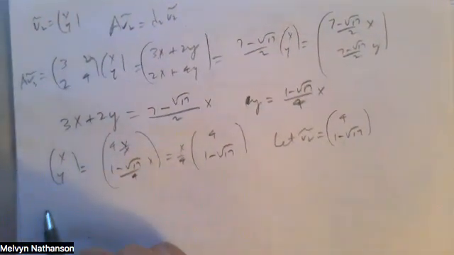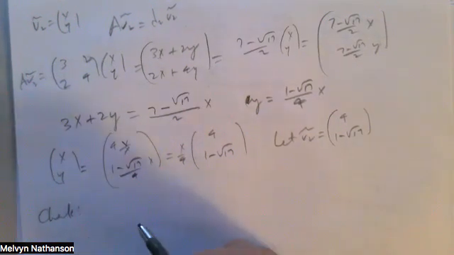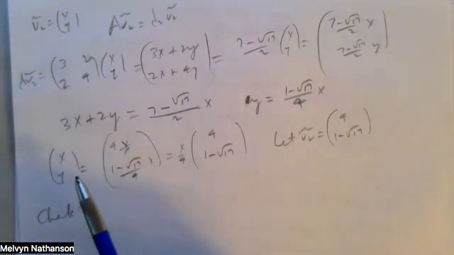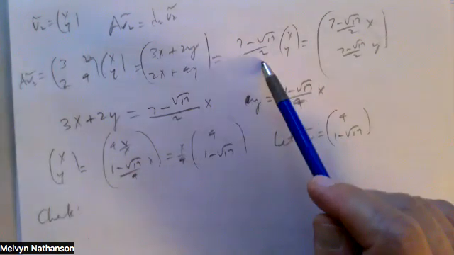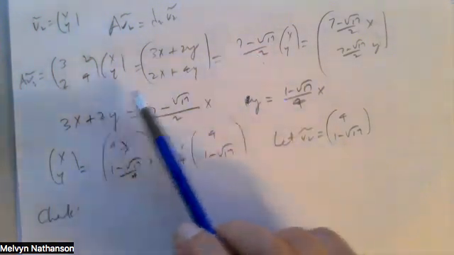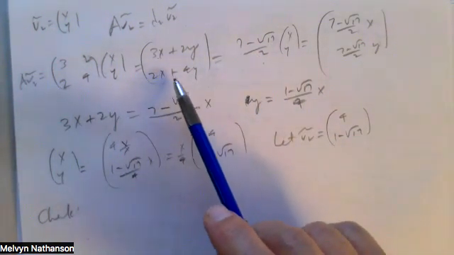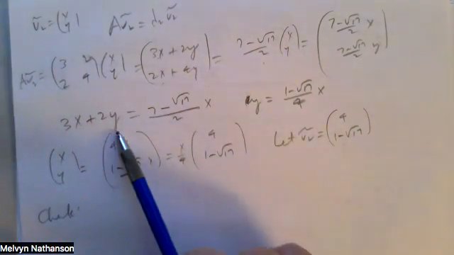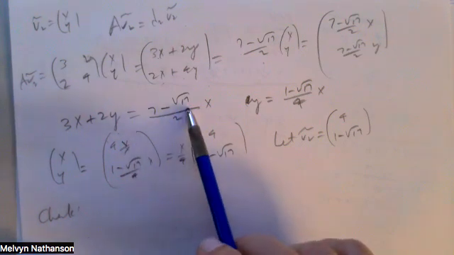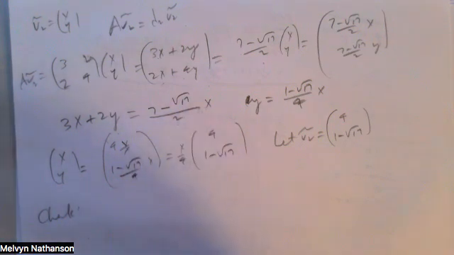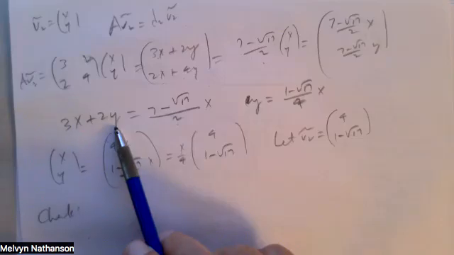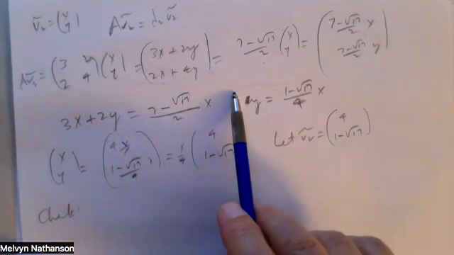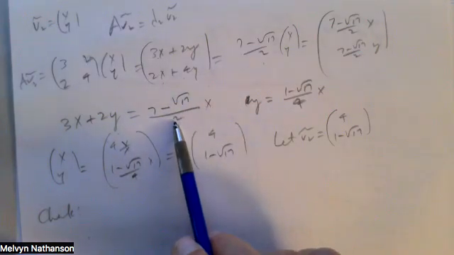Let's check. It's easy to make a lot of mistakes. So I have the second eigenvector, lambda 2 is (7 minus root 17) over 2. So I want the matrix times (x, y) to be the scalar times (x, y). So 3x plus 2y is (7 minus root 17) over 2 x, or 2y is this minus 3x, which is 6 over 2 x.